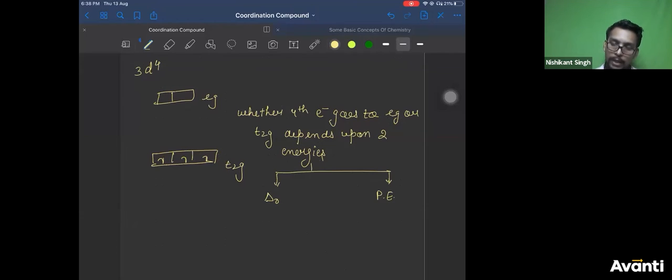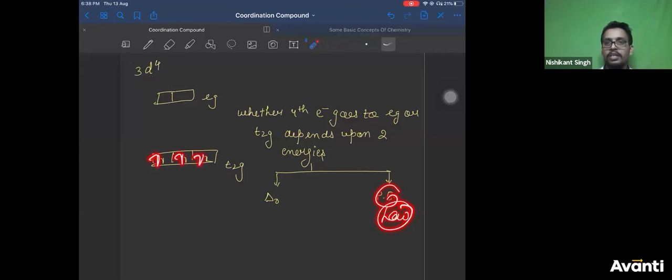Right? So what I'm trying to say, if you have 1, 2, 3, you can pair the electron here if the energy required to pair the electron is very less. Correct? So if pairing energy is low, then after 1, 2, 3, you can pair the electron here.